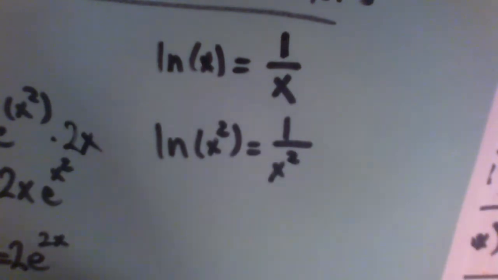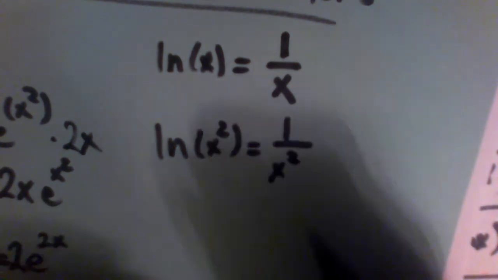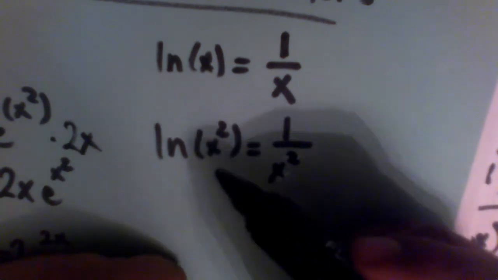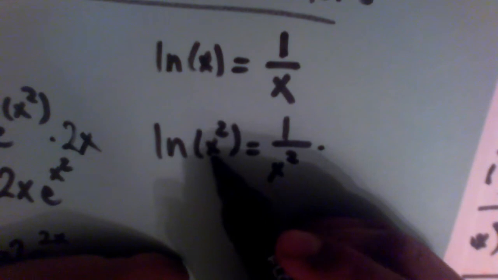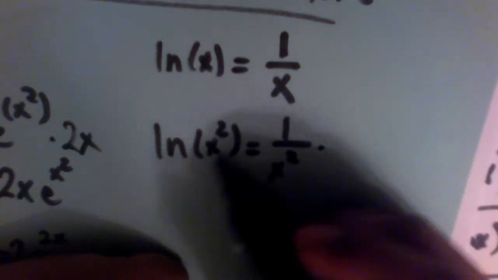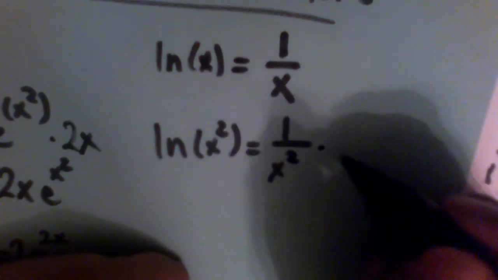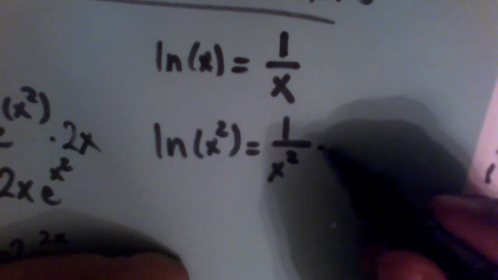If it's something more than just an x, then we have to use the chain rule. Here we have an x squared, so we have to take the derivative of the inside. What's the derivative of x squared? Well, it's 2x, so all this times 2x.